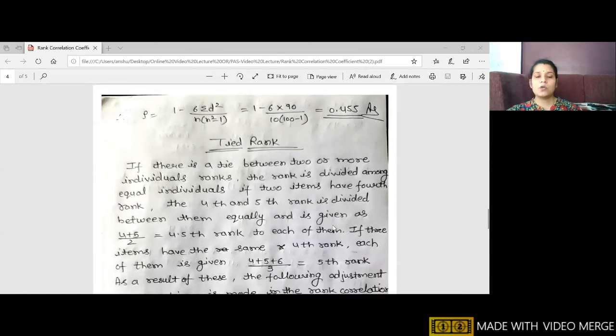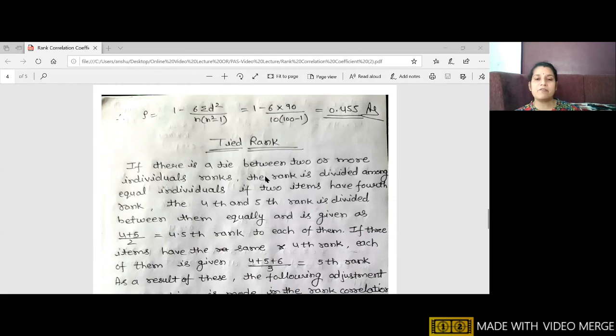Okay. So our next topic is tied rank. Tied rank, that means what? For example, in our class of 40 students, two students have secured the same marks, for example, 90 out of 100. Okay, and the highest marks is 98, and the second highest is 95.